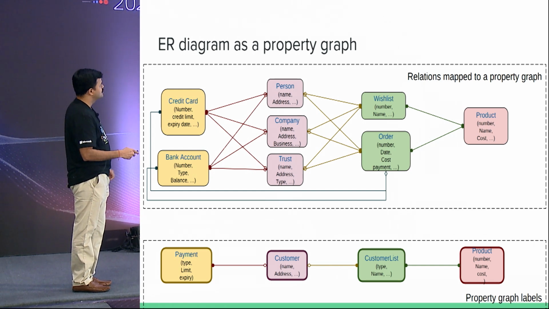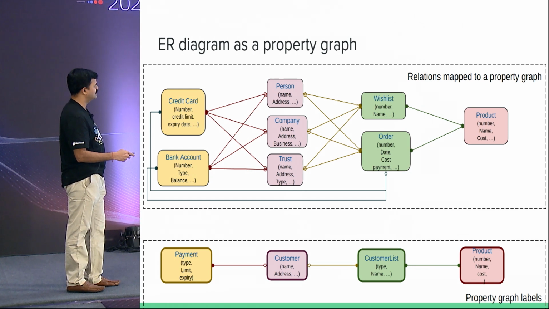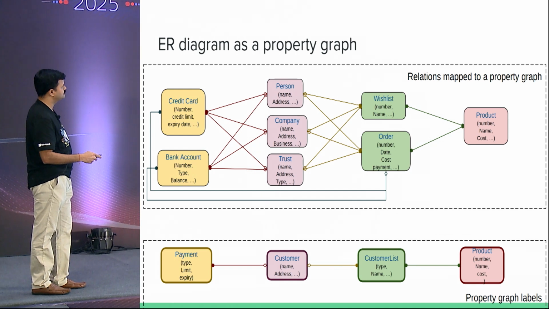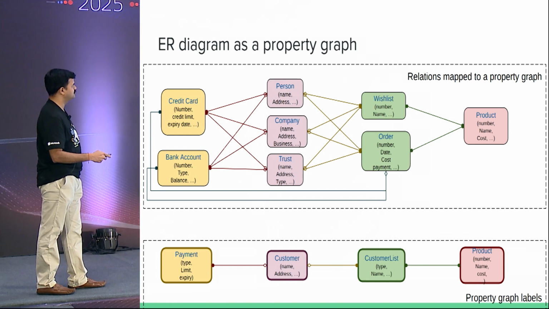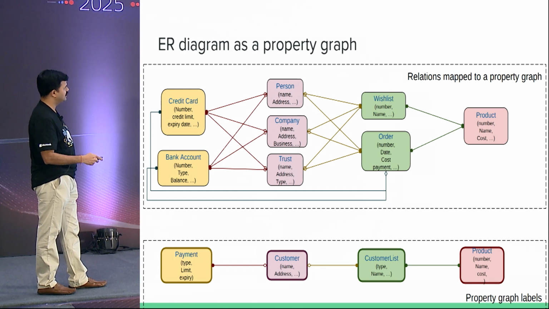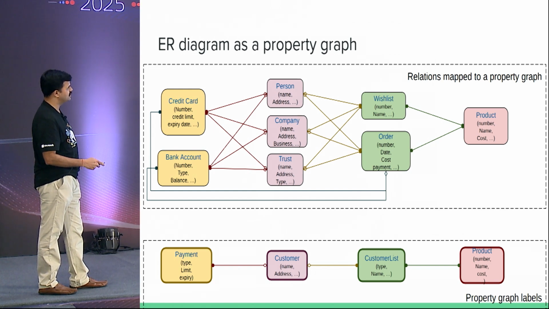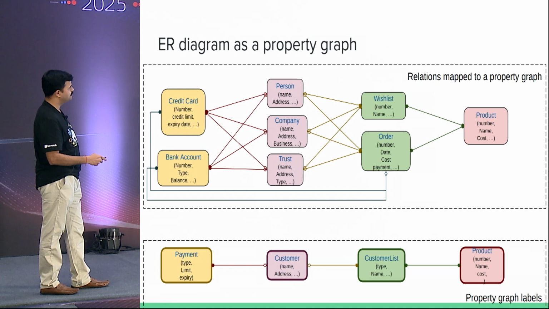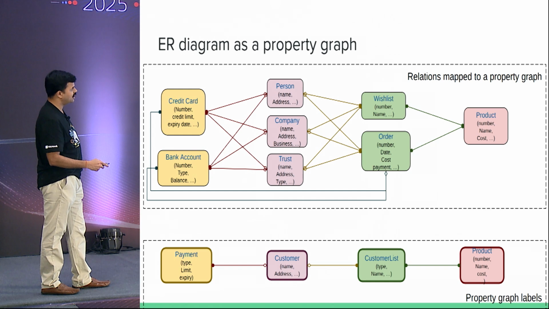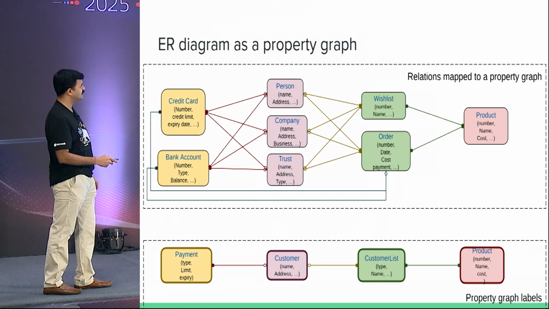But this is a kind of graph of an online shop or online business where there are customers in pink, the tables related to customers in pink, their lists of orders or wish list in green, their payment instruments in yellow, and the products that are being sold here in another kind of red or pink.